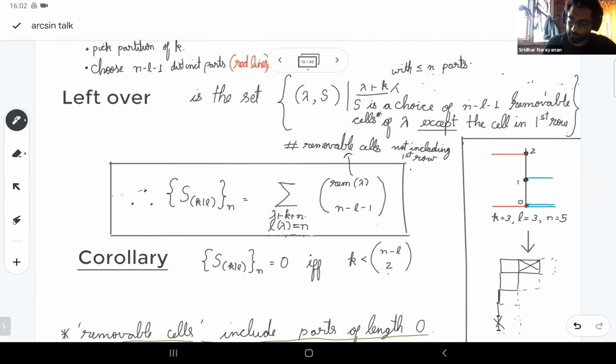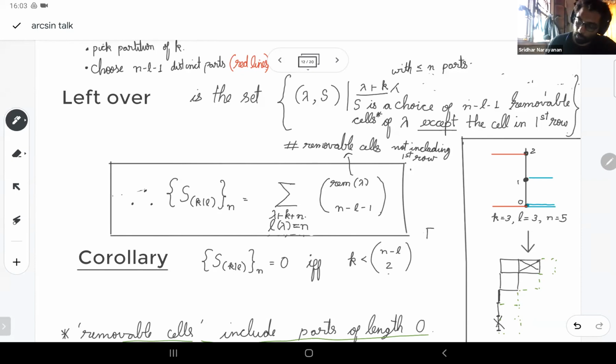So let me recall what I'm saying. This term is choosing distinct parts of the partition. So what is the smallest size that a partition could be to still have n minus L minus 1 distinct parts and include a first row as well, which is also distinct? The partition could be 0, 1, 2, 3 up to n minus L minus 2, and then the smallest first row size would be n minus L minus 1. So this would be a staircase shape.